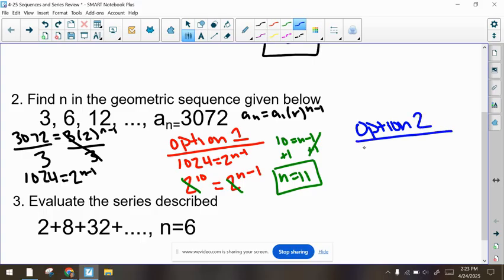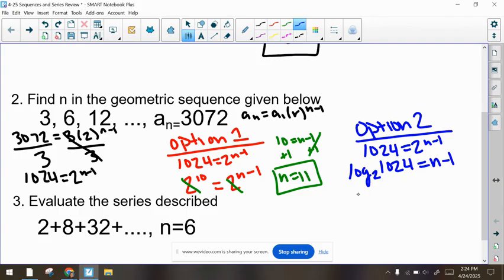Option 2 is to use a log. So if we have 1024 equals 2 to the n minus 1, I could change this to log form, where my base is 2. The other 2 values will switch, so 1024 goes next, and it's equal to n minus 1.